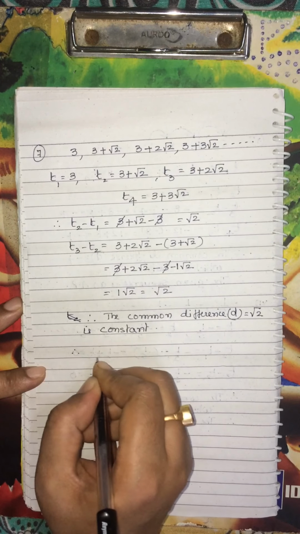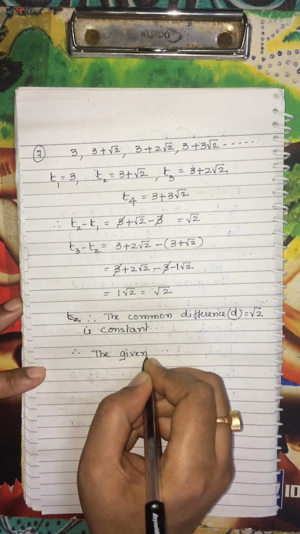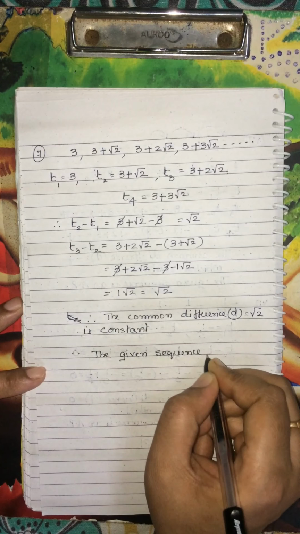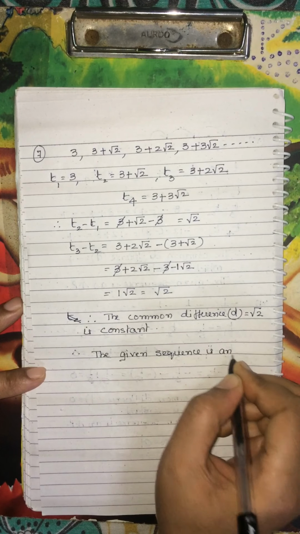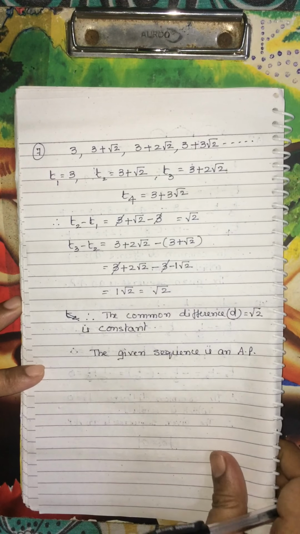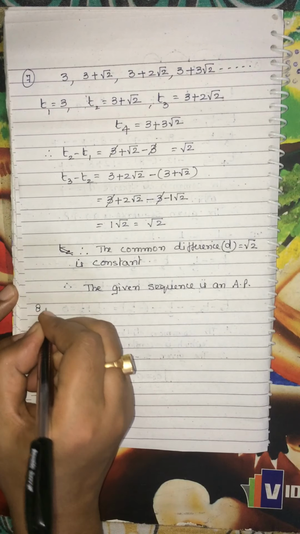Therefore, you have to write compulsorily the given sequence is an arithmetic progression. Fine. Now come to question number 8, children.